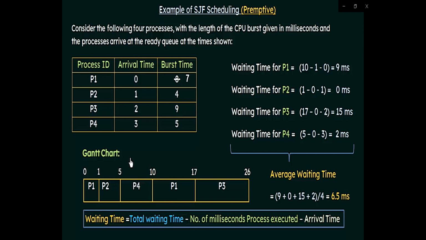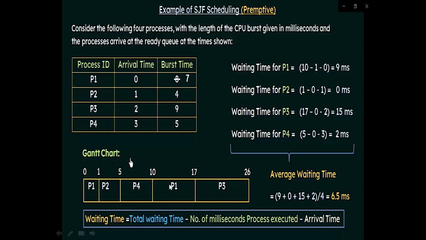P2 arrives at 1 millisecond, so the waiting time for P2 is 1 minus 0 minus 1, which is 0 milliseconds. Similarly, for P3, the total waiting time is 17, minus the number of milliseconds executed.